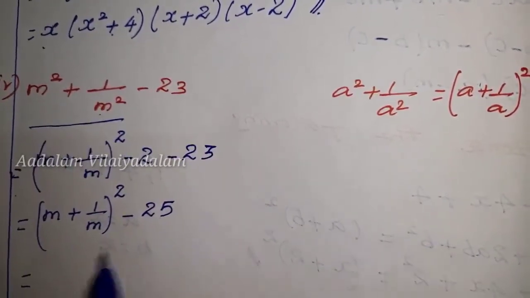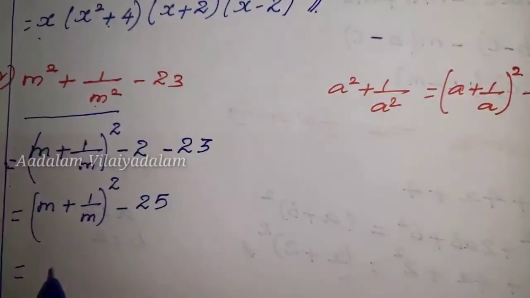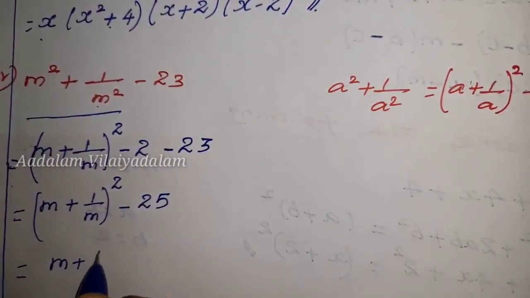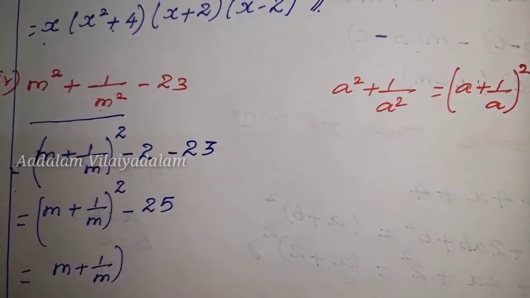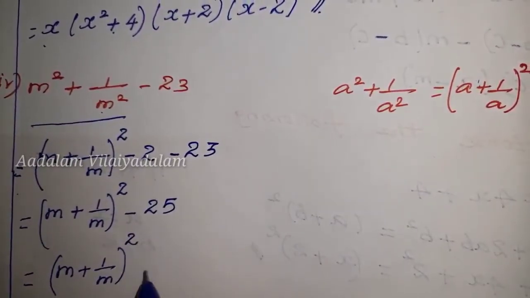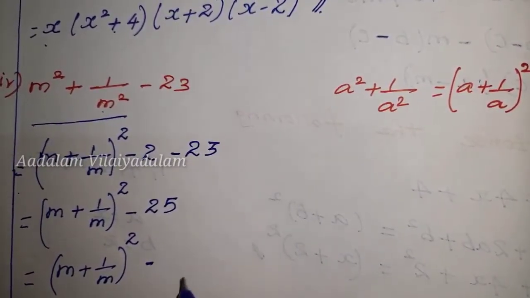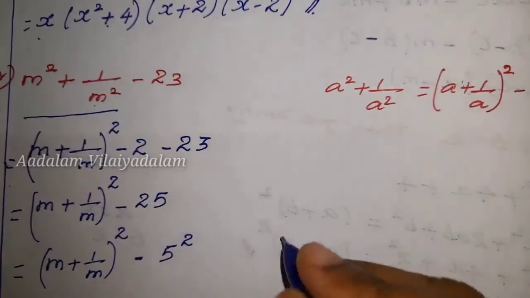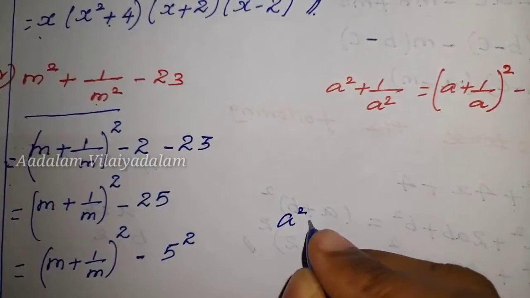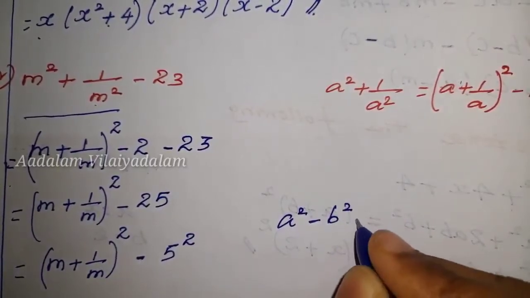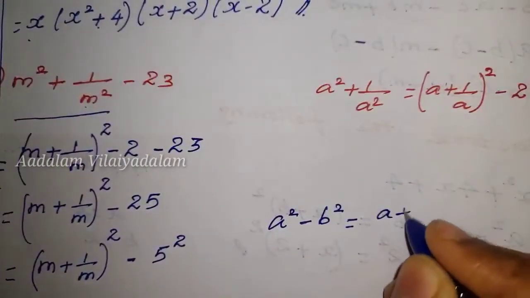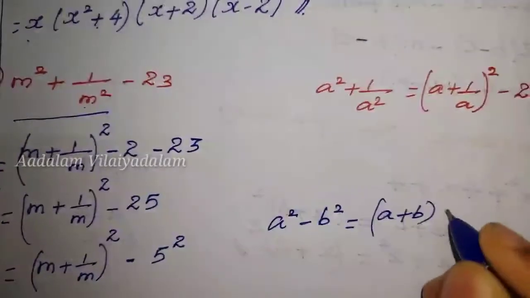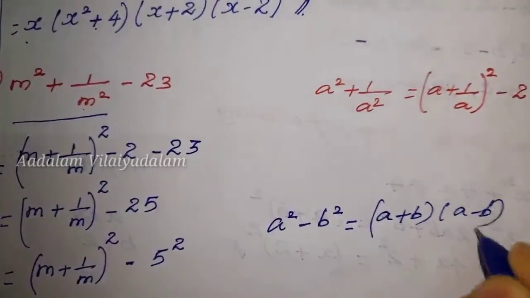So this is m plus 1 by m the whole square, and minus 25 can be written as 5 square. This is the format of a square minus b square is equal to a plus b into a minus b.